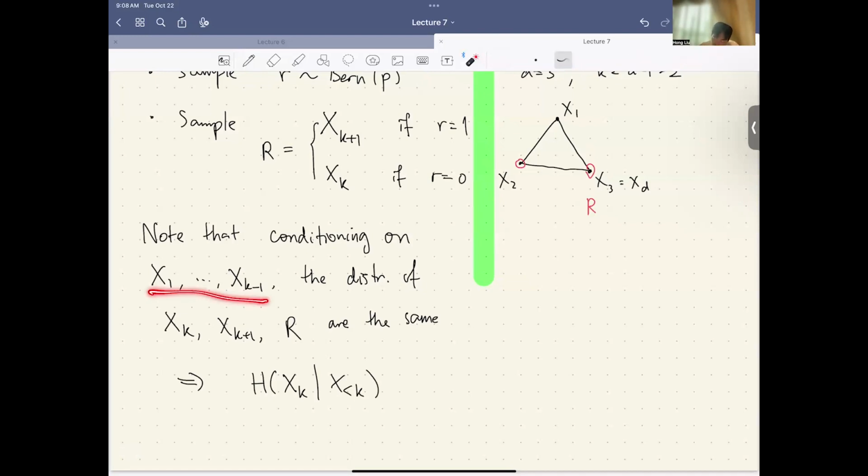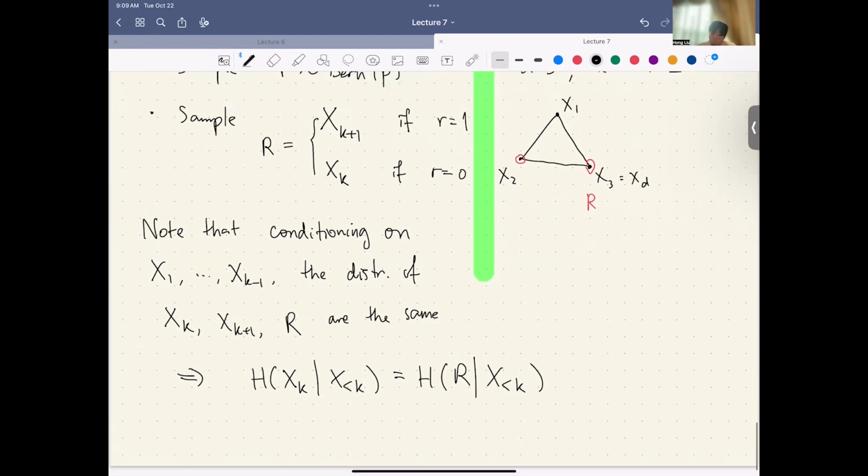But conditioning on the previous ones, they have the same distribution, so let's replace it by the conditional entropy of this random convex combination of xk and xk plus 1, condition on previous ones. Now, if you condition more, the conditional entropy is going to drop. If you know more beforehand, then the new information you obtain is less. This is the dropping conditioning thing. So we have this is at least, we're going to condition on more, less than k plus 1.